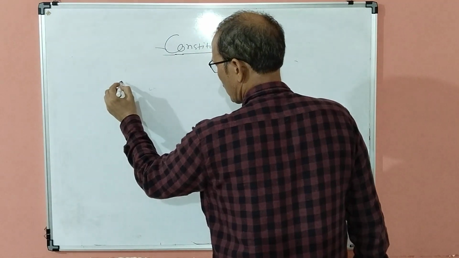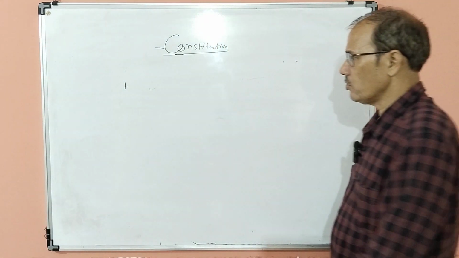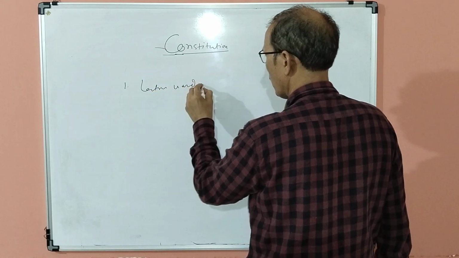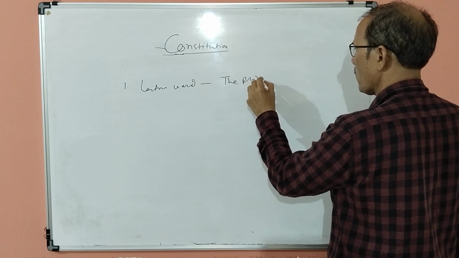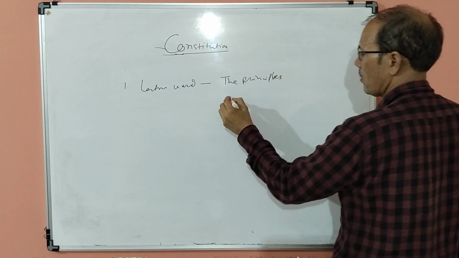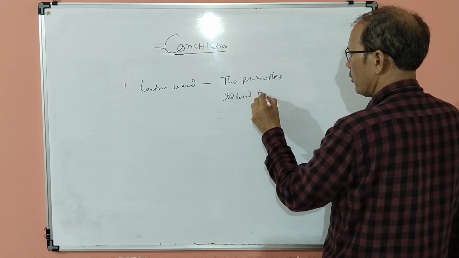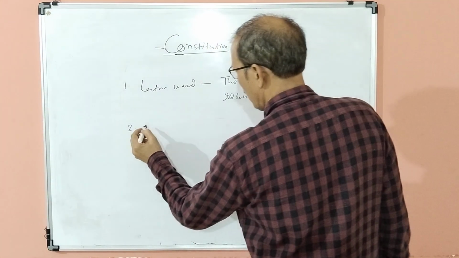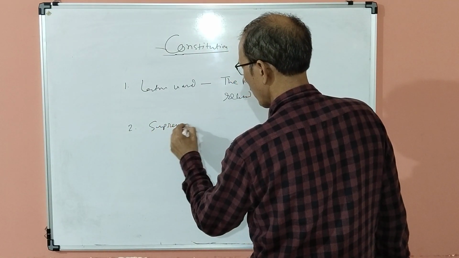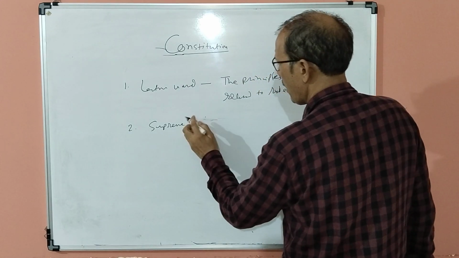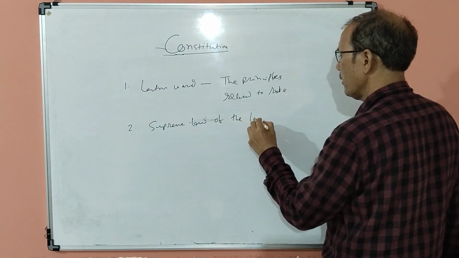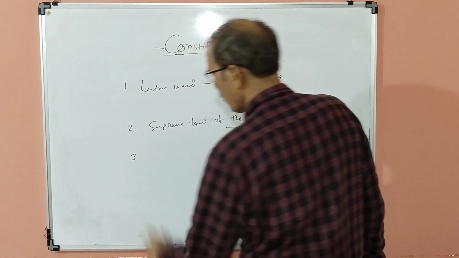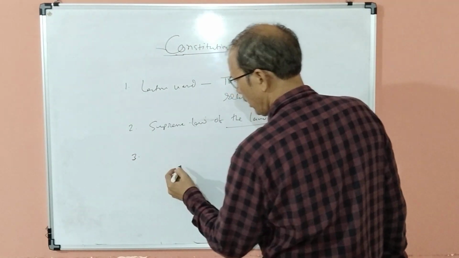To understand the constitution, number one, fact-wise, we can summarize it from the Latin word: the principles related to rule. The constitution is the supreme law of the land, meaning the country, the nation.